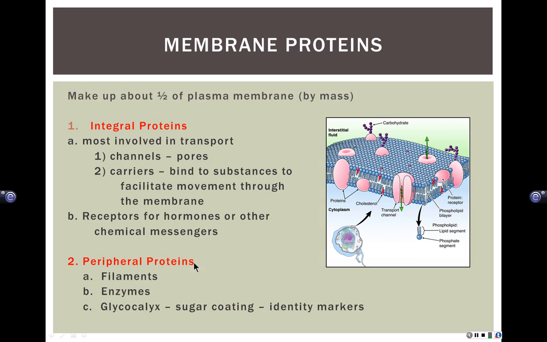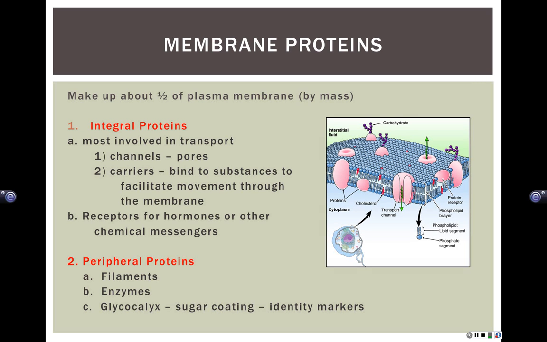Integral proteins go right inside and in many cases all the way through the membrane, versus peripheral proteins, which are on the surface of the membrane, sticking out of the membrane, like on the periphery or the outer edges.